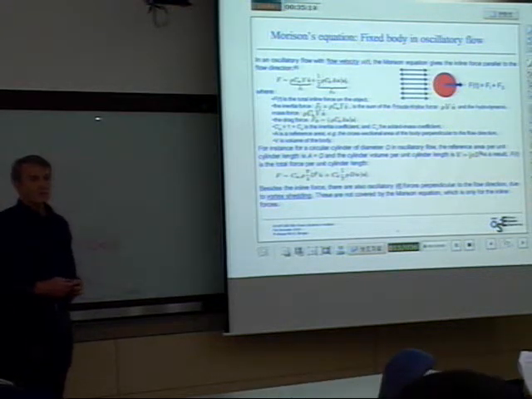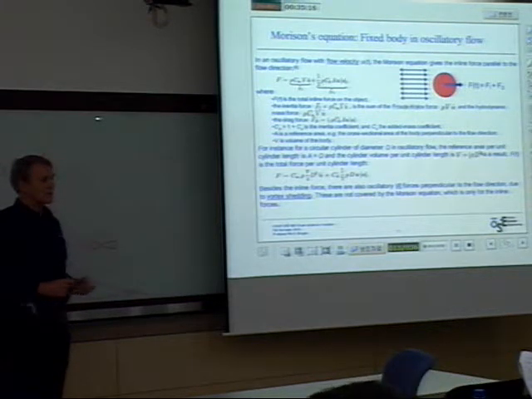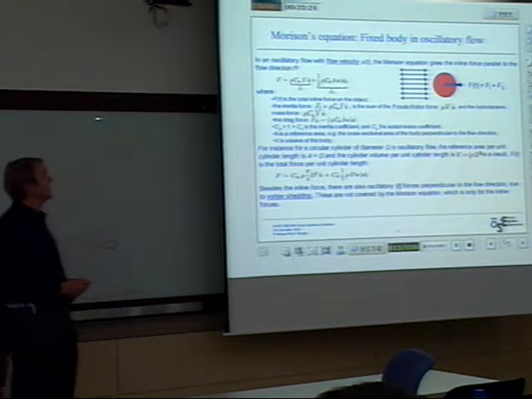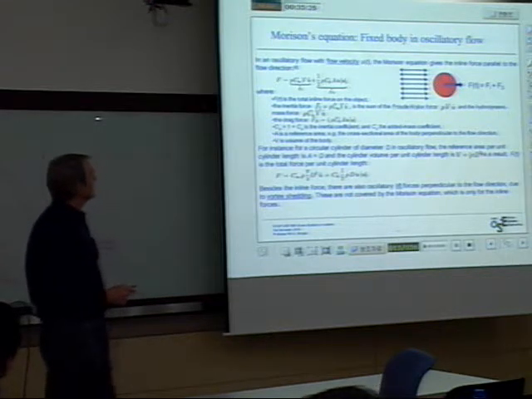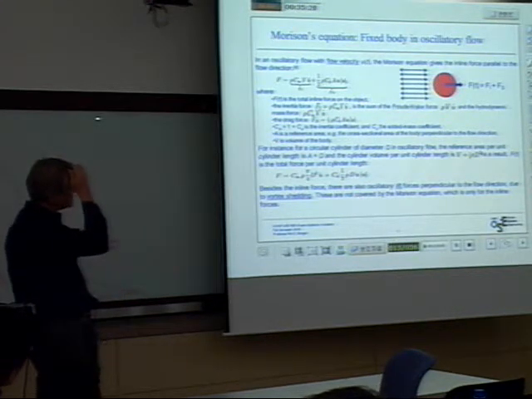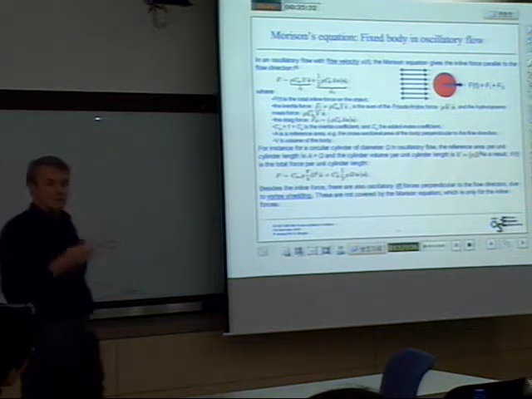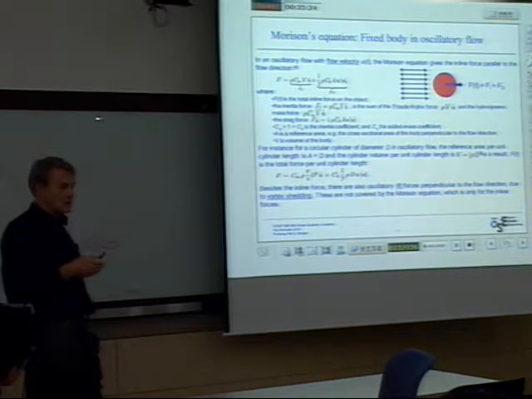Then there's something called Morrison's equation. Some of you have heard about that, right? I'm not sure how much time I should spend on this, but at least I put together some slides for you so you can read about it.